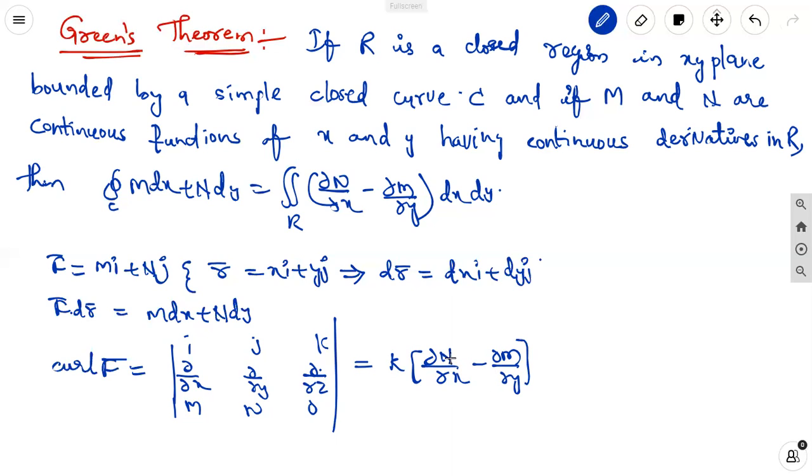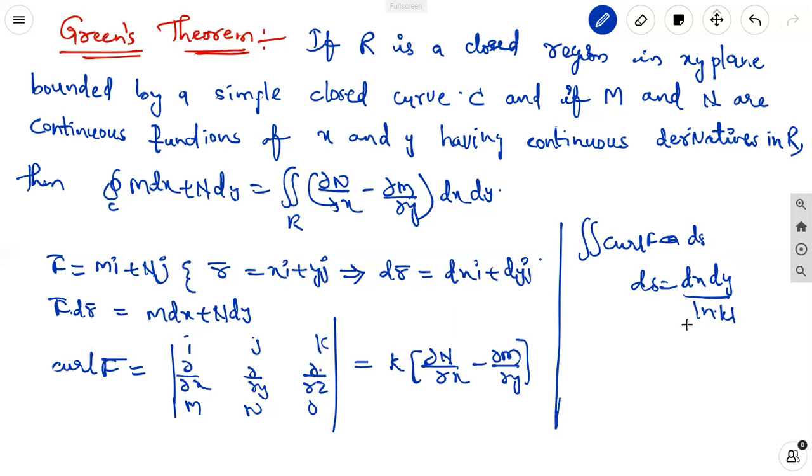The curl F vector means del cross F vector. We can take the surface integral of F dot n ds, that is curl F vector dot n ds. Here ds is in the xy plane, that is dx dy by modulus of n dot k.